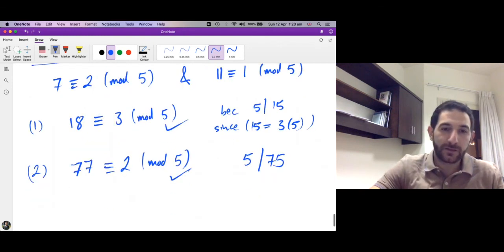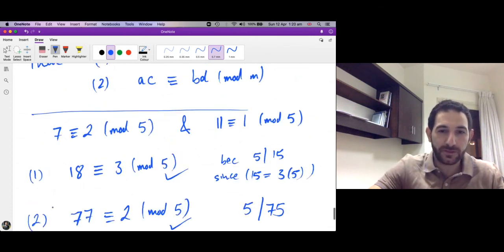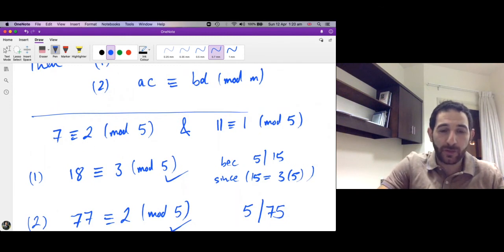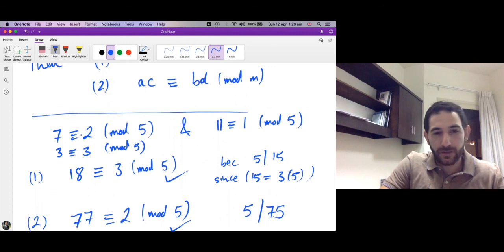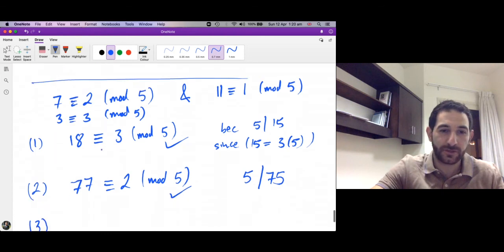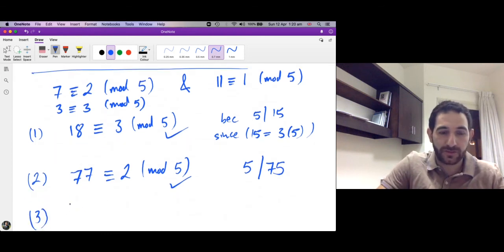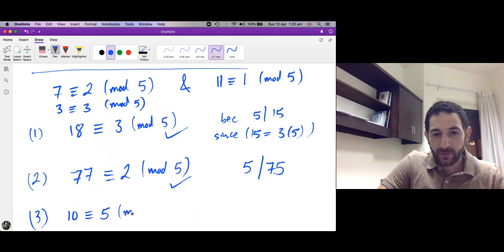Okay. Now we can multiply or add 3 to both sides. You know why? Because 3 is congruent to itself mod 5. We've seen this in the examples, because 5 divides the difference, which is 0. So if you add 3 to both sides, we get a true statement. 7 plus 3 is 10, which is congruent to 2 plus 3, which is 5 mod 5.